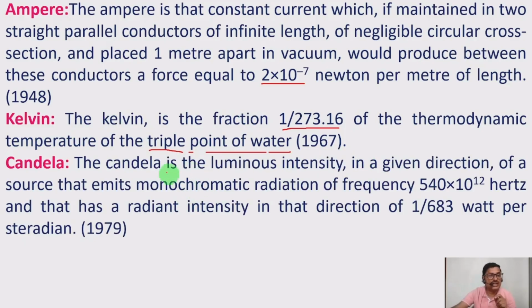Candela, we already know, is the unit for luminous intensity or light intensity. The candela is the luminous intensity in a given direction of a source that emits monochromatic single frequency radiation of frequency 540 into 10 raised to 12 hertz, hertz being the unit of frequency, and that has a radiant intensity in that direction of 1 by 683 watt per steradian.